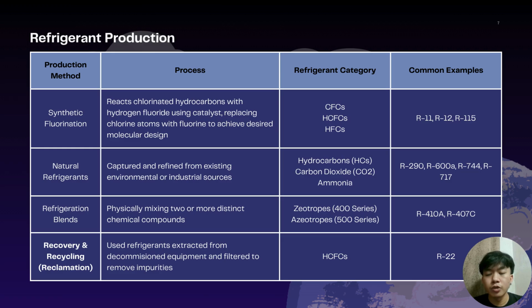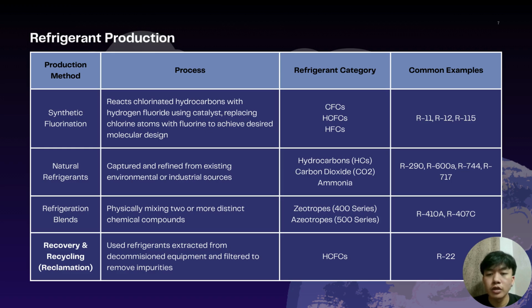For the first production method, the process reacts chlorinated hydrocarbons with hydrogen fluoride using catalysts, replacing chlorine atoms with fluorine to achieve the desired molecular design. The refrigerant categories are CFCs, HCFCs, and HFCs. The common examples of refrigerants are R11, R12, and R115.